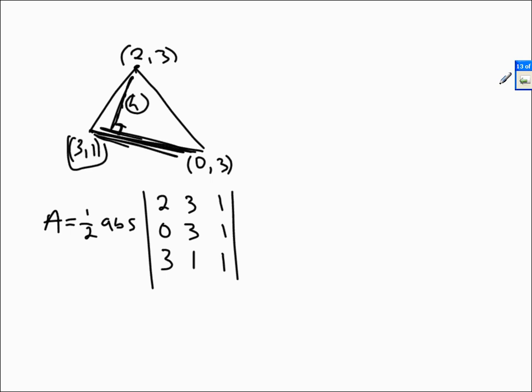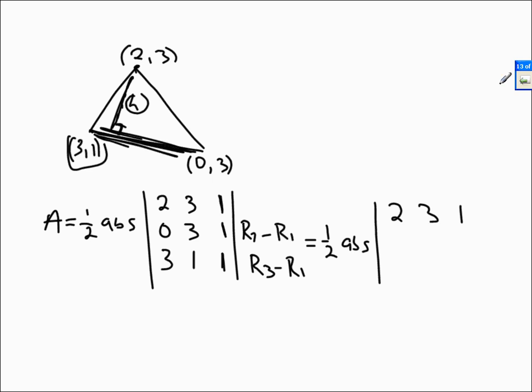Calculate this determinant. You can use the spaghetti method. But since I always have 1s in that right column, I'll always do the same. I'll do row 2 minus row 1 and row 3 minus row 1. So I get 1/2 the absolute value of 2, 3, 1, then 0 minus 2, 3 minus 3, 1 minus 3.